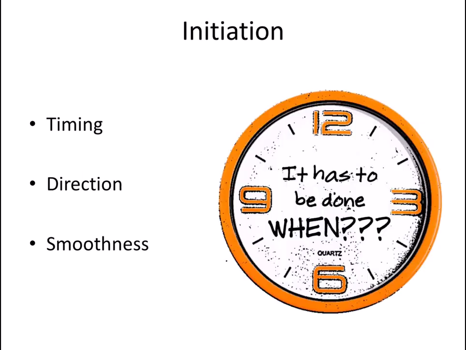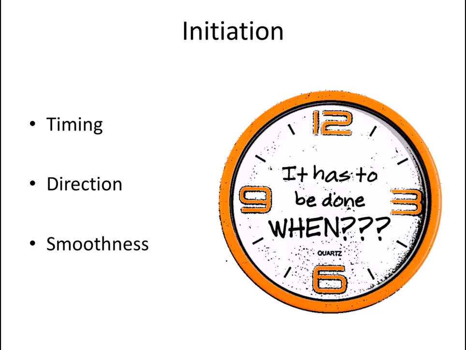The next stage is called initiation. And in initiation, the patient population that immediately comes to mind are patients with Parkinson's disease. These patients really have a difficult time getting started.